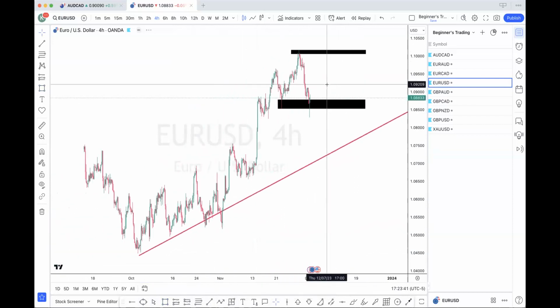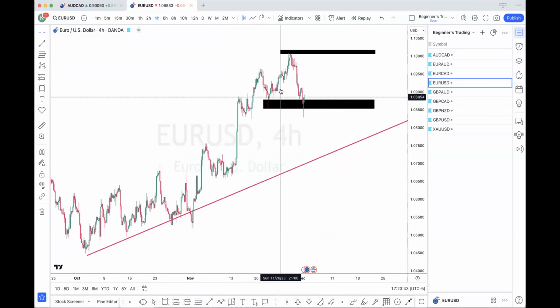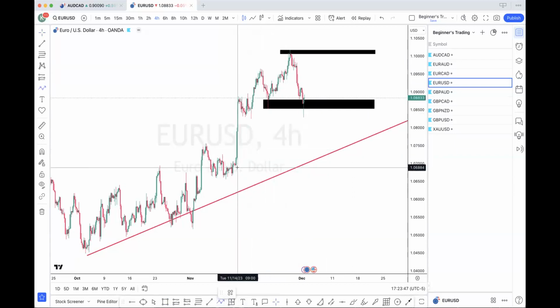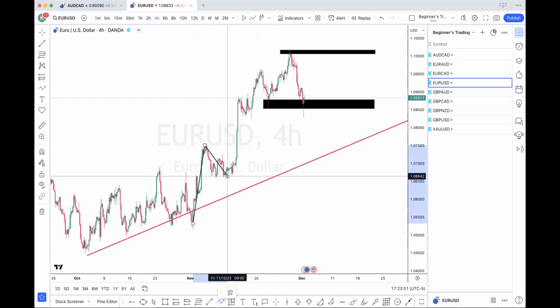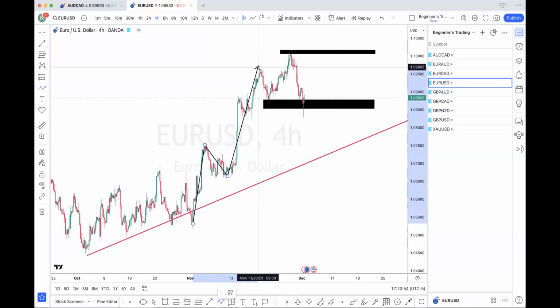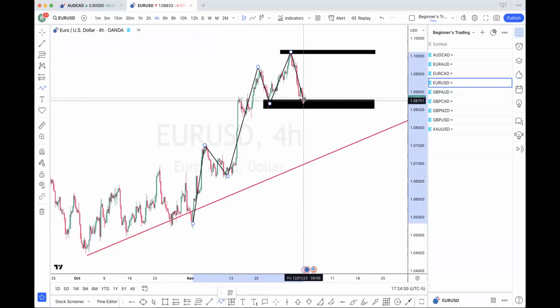Okay. So, based on market structure, we have a push up, a pullback. We have this push up, and then we have this pullback. And then we have this push up, and then we have this pullback, right?